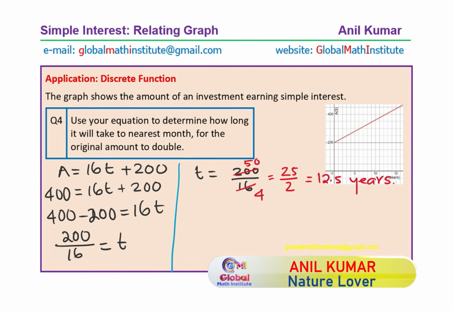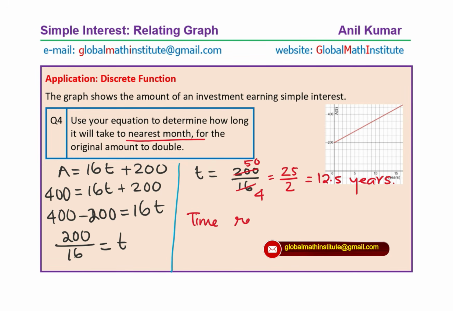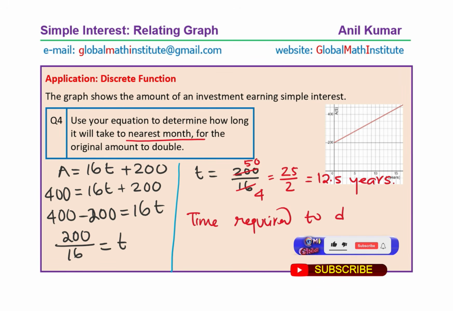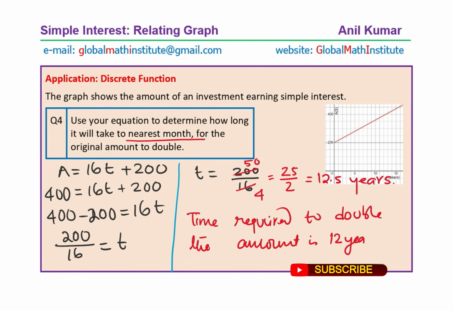We want to give it to the nearest month, so the time required to double the amount is 12 years and 6 months, or 12 and a half years. Makes sense, correct? That is how you could solve this particular question.